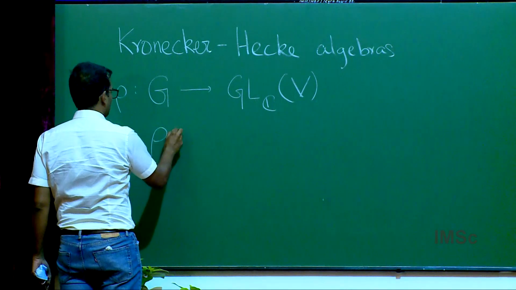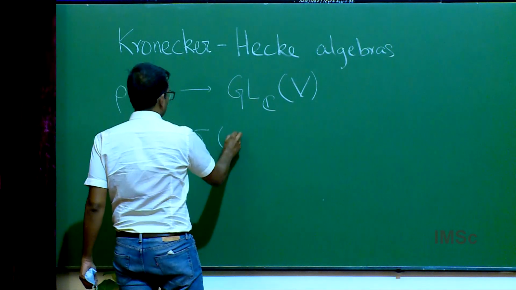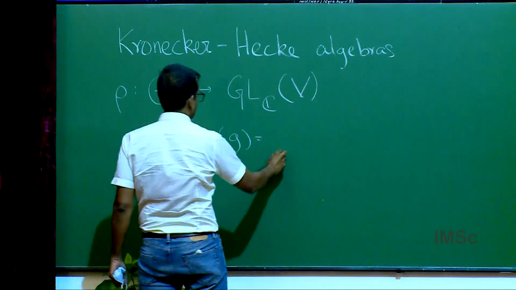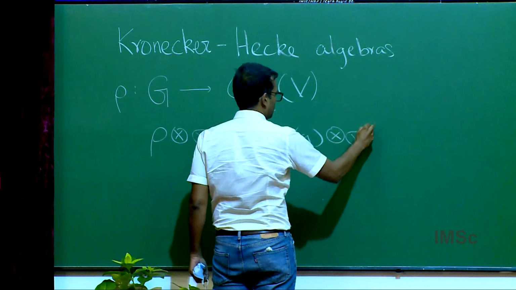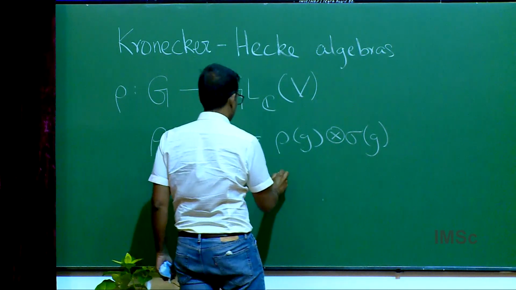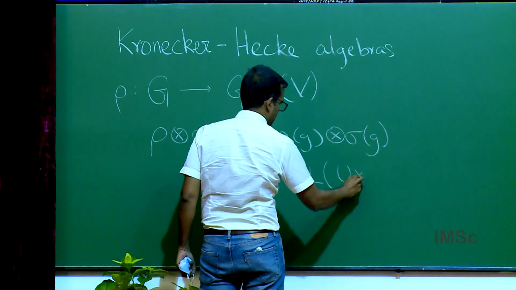So you can talk about rho tensor sigma, and this evaluated at g will be rho(g) tensor sigma(g), and this will be in GL of U tensor V.